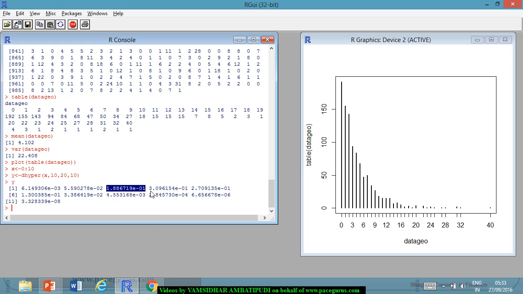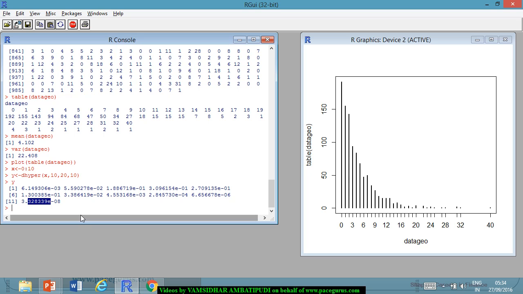0.18, 0.3. This is also 0.27. So the probability that two of them are successful, three, four, probably five of them are successful, these probabilities are much higher. But getting all 10 of them successful, the probability is much weaker.